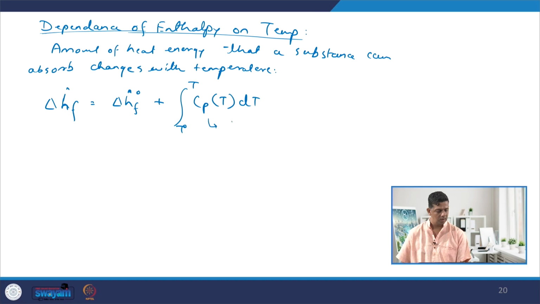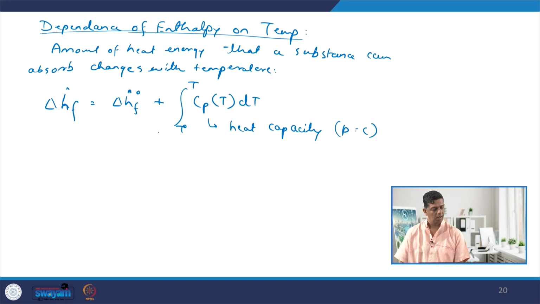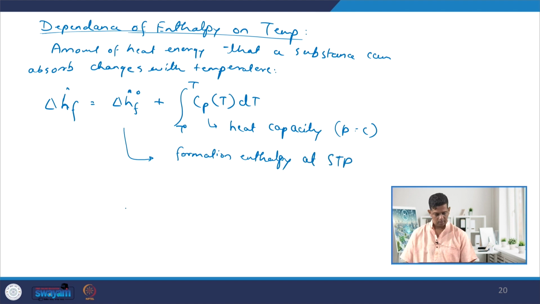So this is your heat capacity, right, when the pressure is constant, and this is your formation enthalpy at STP, and this is your formation enthalpy at temperature T, which is not equal to T naught.